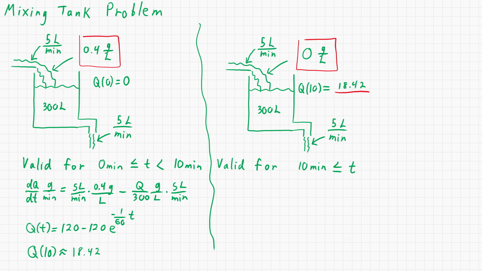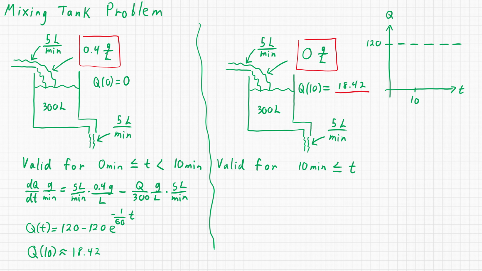What's kind of happening here, just to also show this as a graph, so if I have time and I have Q, the limiting amount at the beginning is 120 grams. We start at 0, we're going to go to 10 minutes, and this is the part we would normally asymptote to.